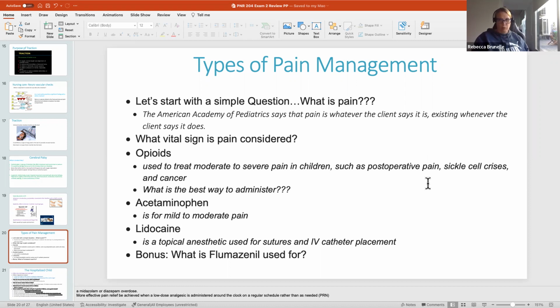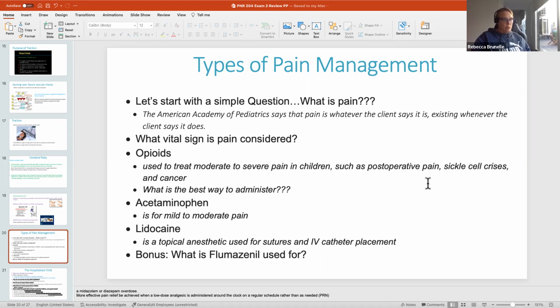If it's scheduled every 4 hours, in that acute phase when they're highest risk for being in pain, you want to give it every 4 hours, even if you don't think they're in pain, because that prevents the pain from getting out of control and you needing to give a higher dose or something stronger like an opioid. And then lidocaine can be given topically. Sometimes you can put a topical lidocaine patch on a hand or something like that when you're going to place an IV.